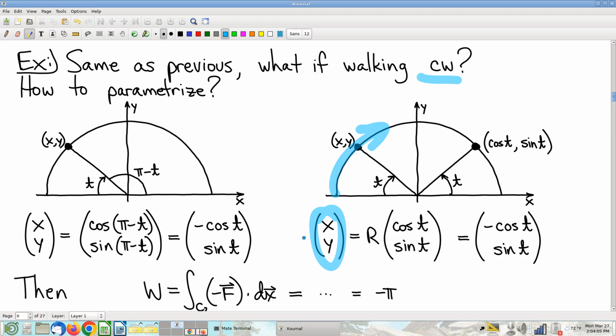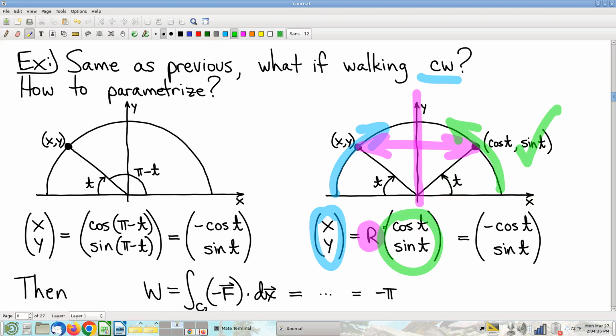Here's the clever idea. Notice that the reflection of that blue curve is pretty easy to write down. The reflection of the blue curve is counterclockwise along the unit circle, which is our old friend, cosine comma sine. You just notice that there's an easy reflection over the y-axis.